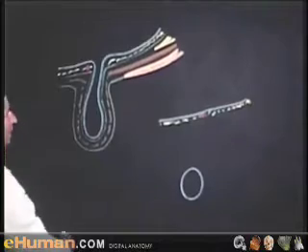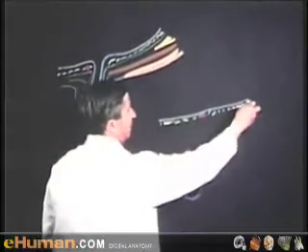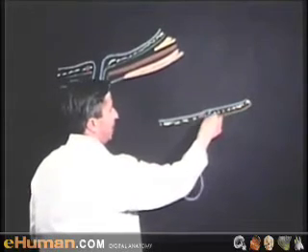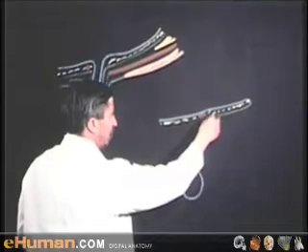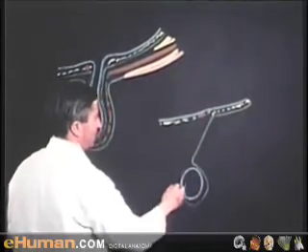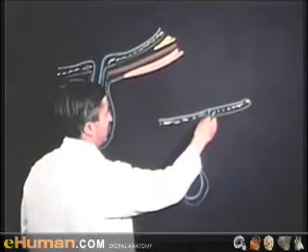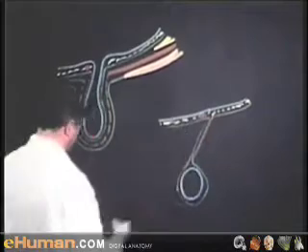and then we bring across the fascia transversalis, and we show it now as a tubular structure coming down and surrounding this area and passing upwards. So there is our deep inguinal ring.